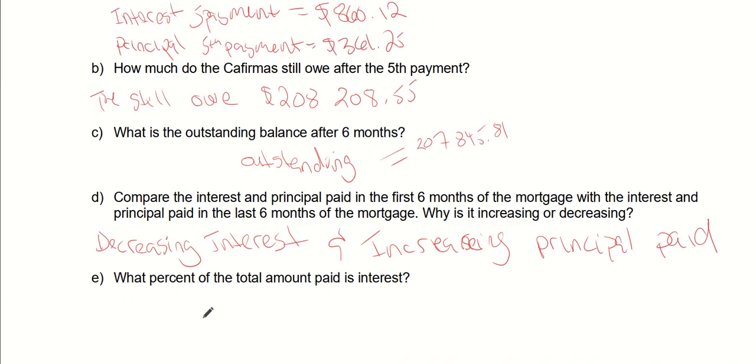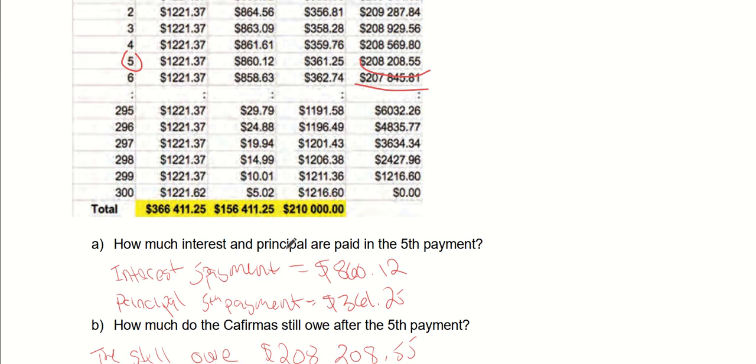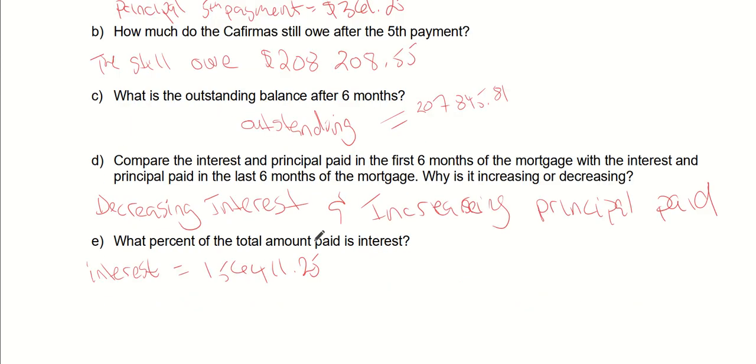So it was about, let me just say, interest. I don't know if you can remember those numbers. I do. It is about $156,411.25. Let's double check that right here. Yep, that looks about right.